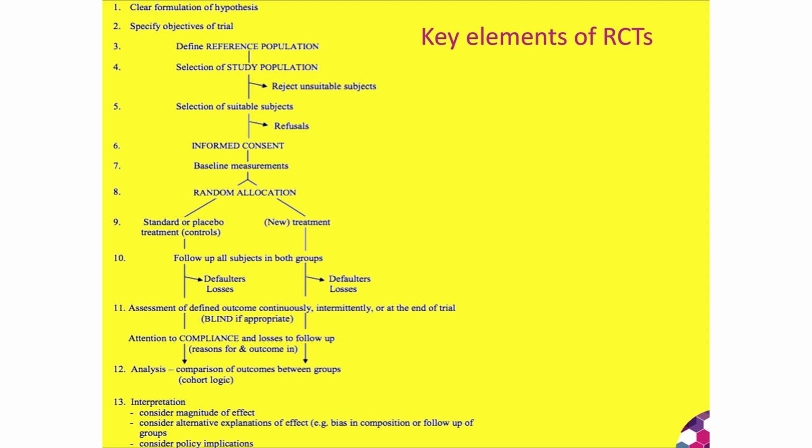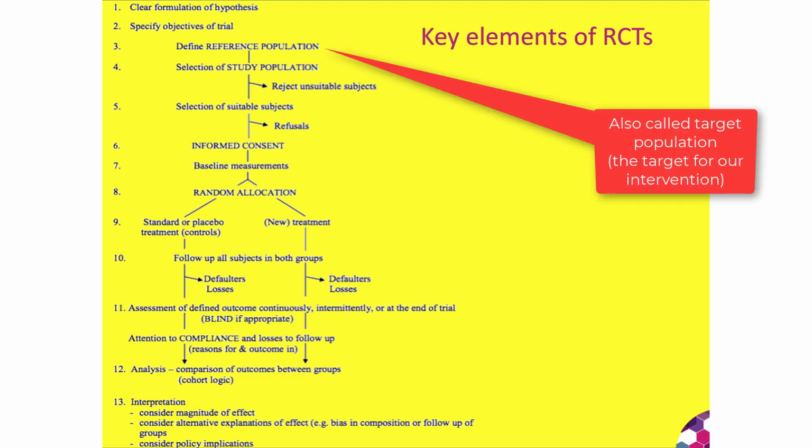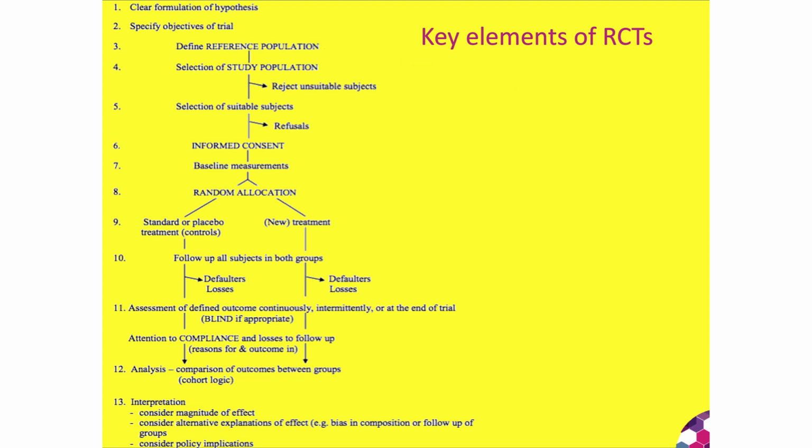So let's examine the key elements or steps in the process of undertaking a randomized controlled trial. We'll start with a hypothesis, an aim, and a set of objectives, and then we will define the broader reference population, and then from that reference population we'll recruit and select a study population, and we will have inclusion and exclusion criteria for what kinds of people we are willing to accept onto our study.